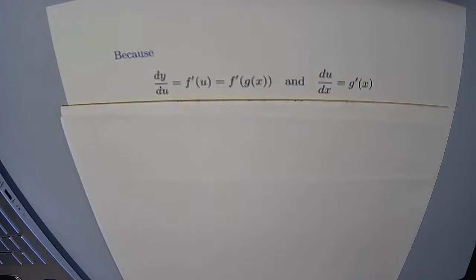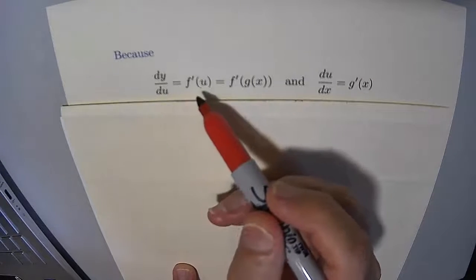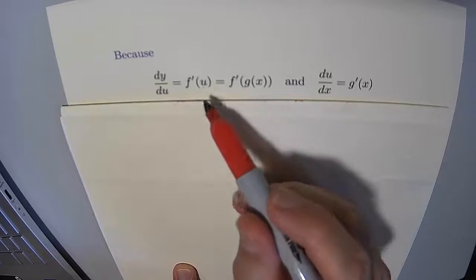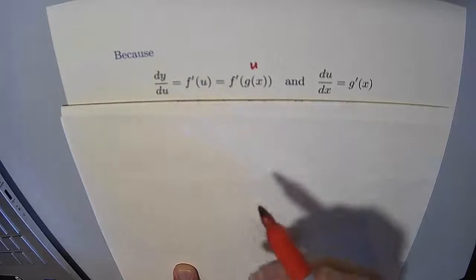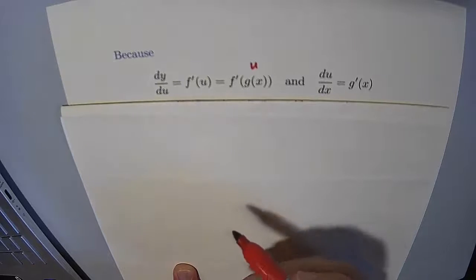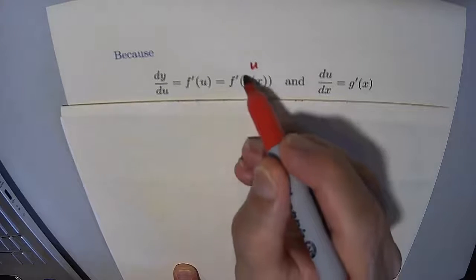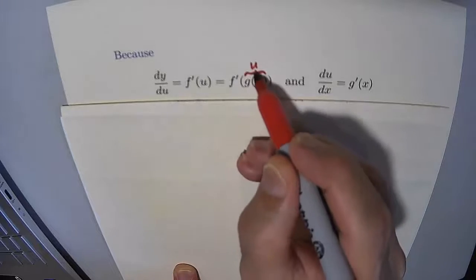The chain rule can be expressed in a different notation with the primes. dy du is just f prime of u, and u, remember, is g of x. So that's f prime of g of x, and of course du dx is just the derivative g prime of x.